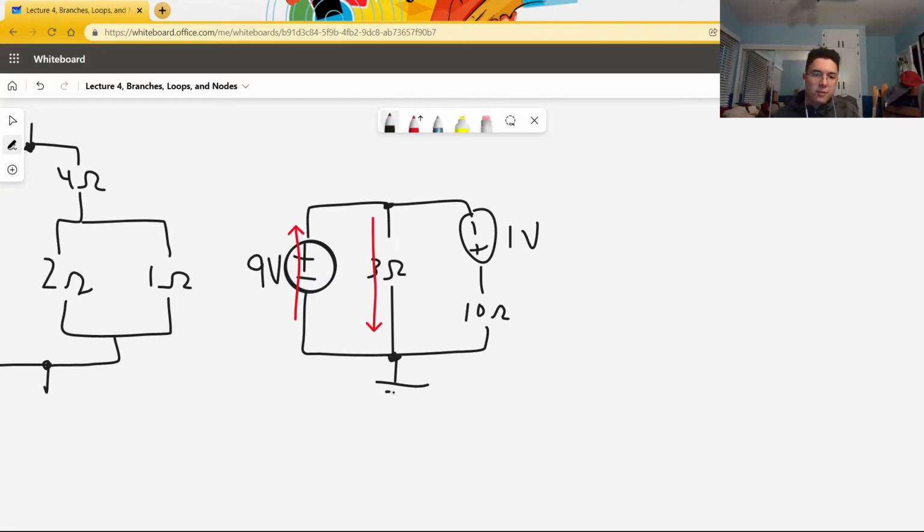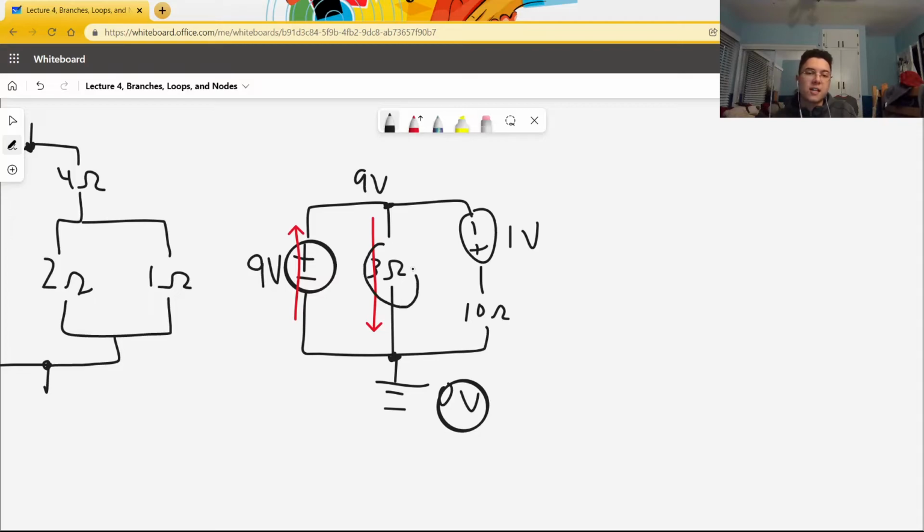If this is a ground, or 0 volts, then this point is 9 volts, because the battery provides 9 volts. And if this point is 9 volts, then this point must be 0 volts because this resistor takes away 9 volts. If you were to walk up the circuit along this direction, you would see the voltage rise from 0 volts to 9 volts.